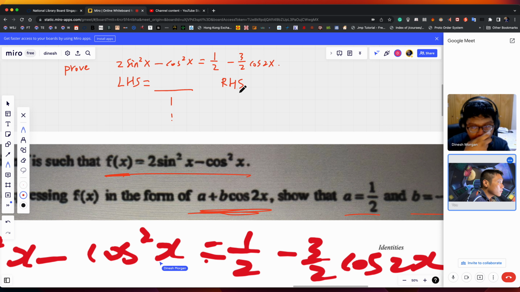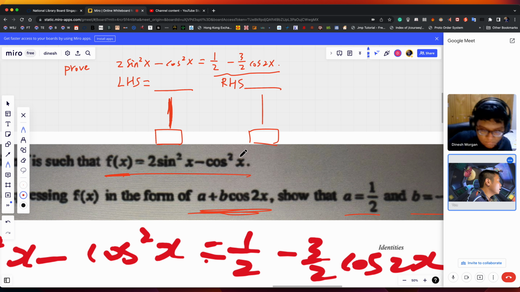I couldn't get the left hand side into the right hand side in this format, but I try to do something to the right hand side, or the left hand side. Somehow I find that they meet in the middle of the way.